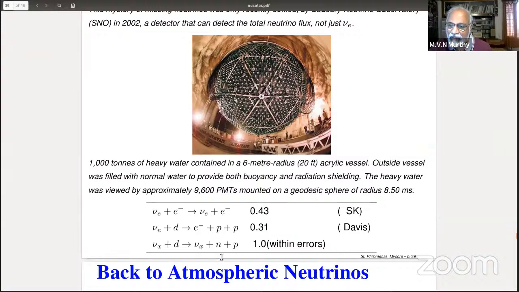Now, by detecting these neutrons, they could identify the total number of events, no matter which flavor of neutrino was interacting in the detector. So if part of the electron neutrino is converted into other neutrinos, this reaction will see it, and the experiment had the capability to do all three detection reactions.